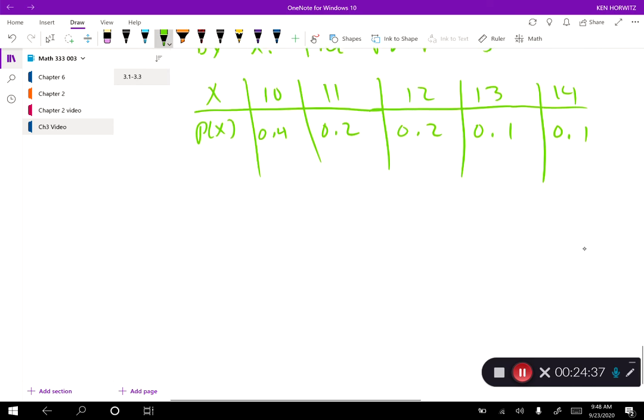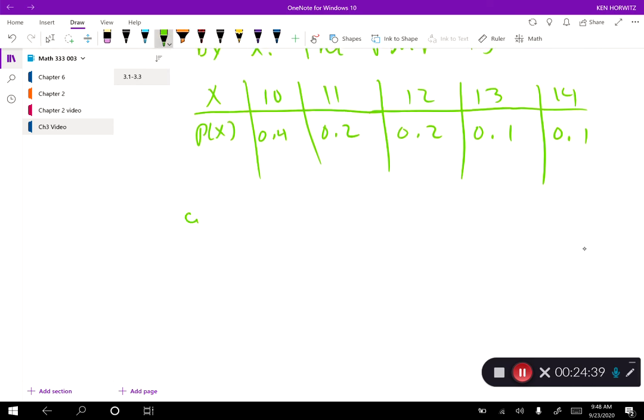All right. So we want to A, find the probability that exactly 14 ships arrive.